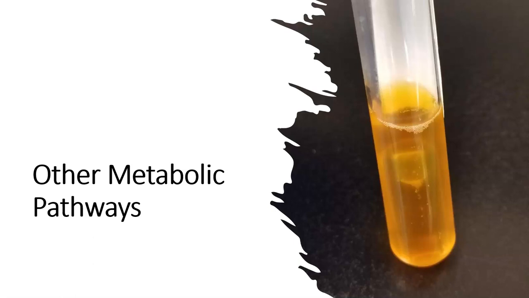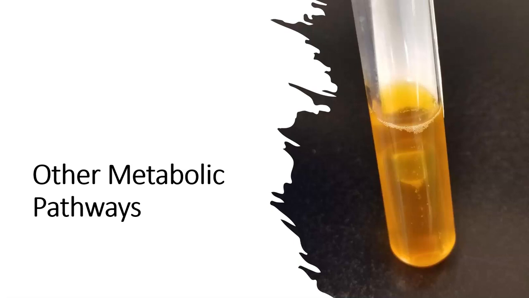This is our third and final video on microbial metabolism. In the last video, we went over some of the key concepts of aerobic respiration, the process in which organisms completely oxidize glucose and, in turn, reduce oxygen.